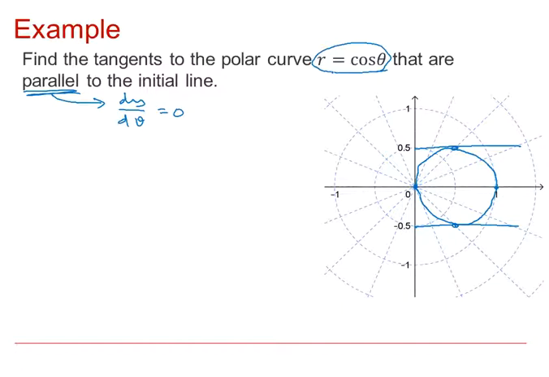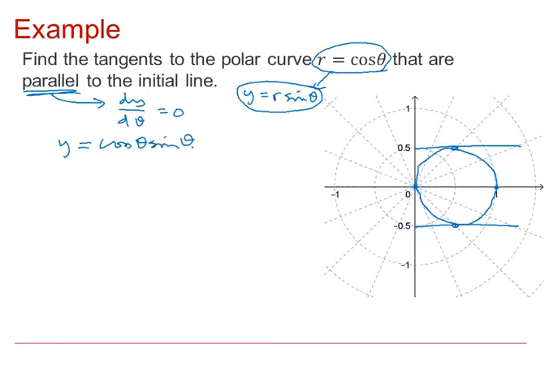We know that r is cos theta. We also know that y equals r sine theta. So these are the two equations we can use to investigate y. So y equals cos theta sine theta.